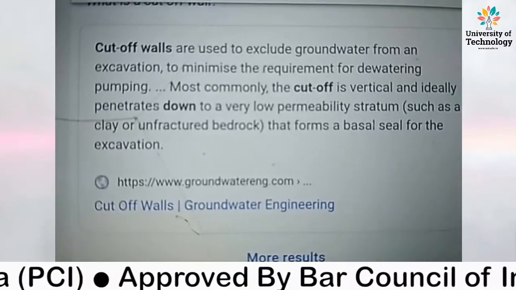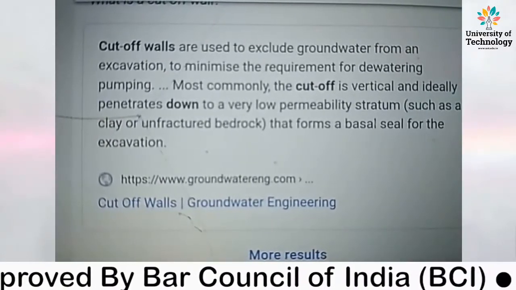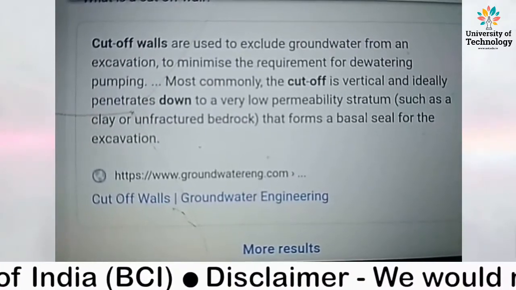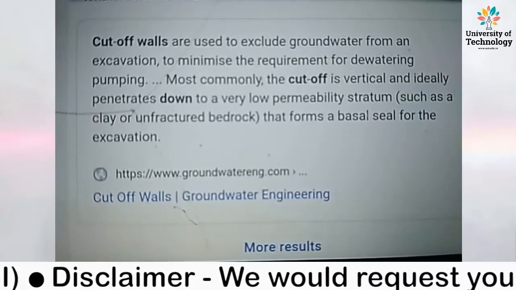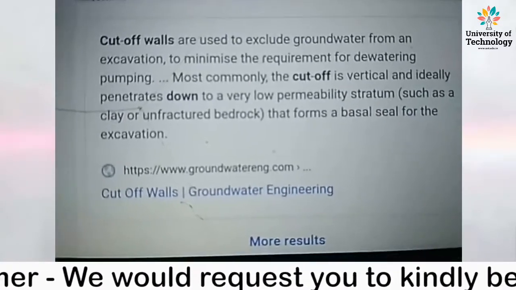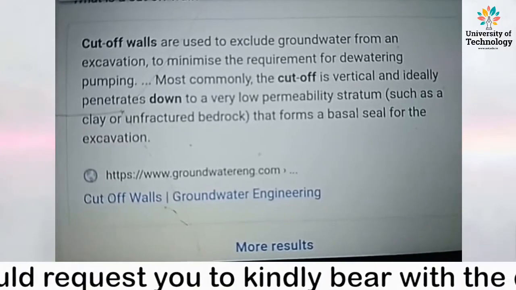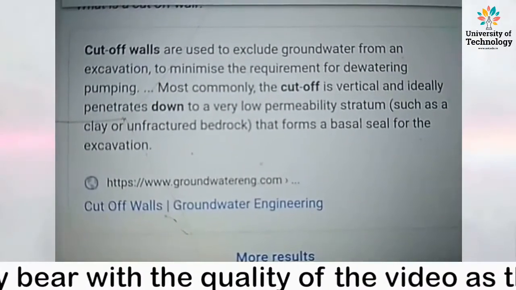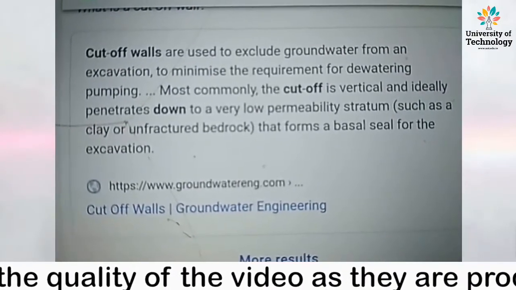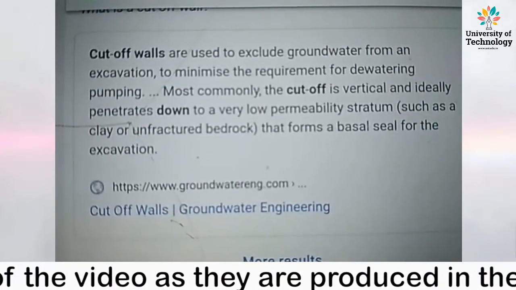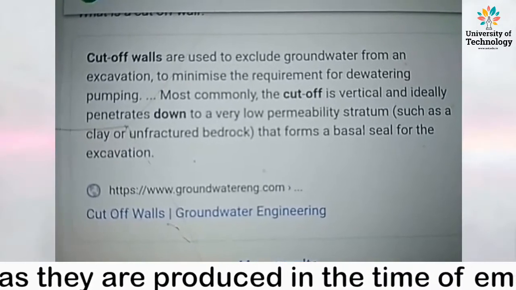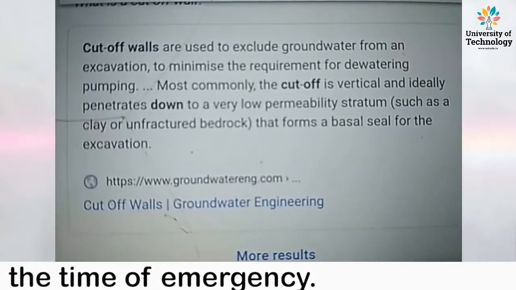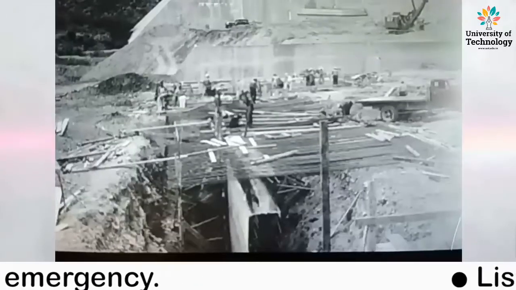Most commonly, the cutoff is vertical and ideally penetrates down to a very low permeability stratum such as clay or any soft material that forms a basal seal for the excavation. So a cutoff wall does not permit any water from the upstream side to the downstream side below the ground, below the structure of the dam, meaning the embankment.